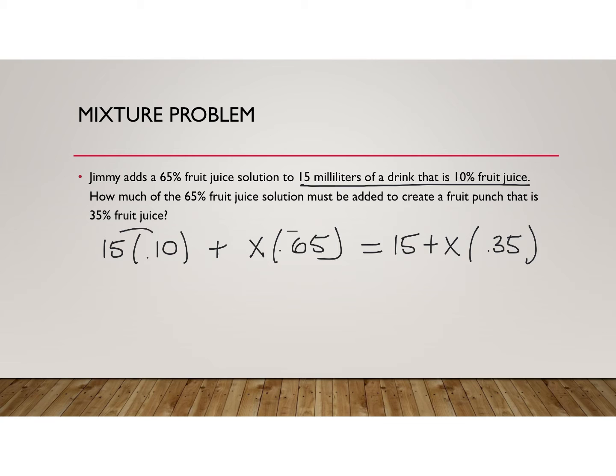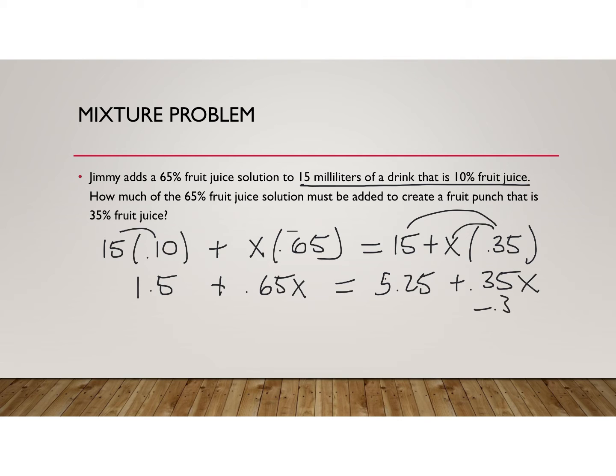Again, I can just do my multiplication. 15 times 0.1 will be 1.5 plus 0.65X equals, distribute this, 15 times 0.35 would be 5.25, plus 0.35x.